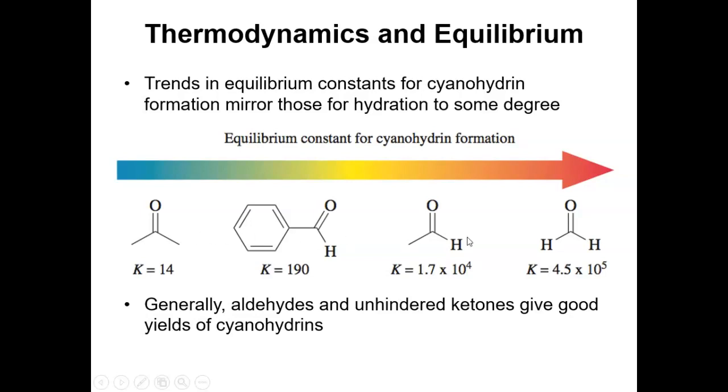Now those two are both regular aldehydes. So can anyone provide a reasonable explanation why this aldehyde has about 100 times lower equilibrium constant than this aldehyde? Both are aldehydes.